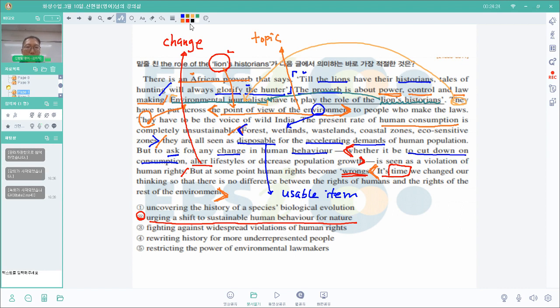So here, the topic sentence contained the topic, right? The right of the rest of the environment, and it talks more specifically about there being no difference between the human right and the right of the rest of the environment. This is the topic sentence. Okay? And moving on to the next sentence.